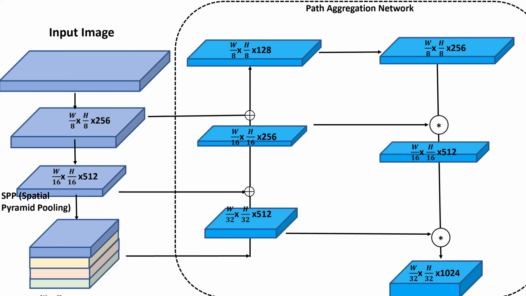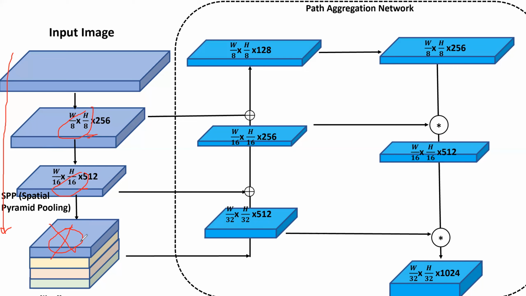I think it's just some ways to improve the performance. Because here, if I just output these three feature maps, then it's actually unfair for this feature map because it is actually traveling further than these 2 feature maps.